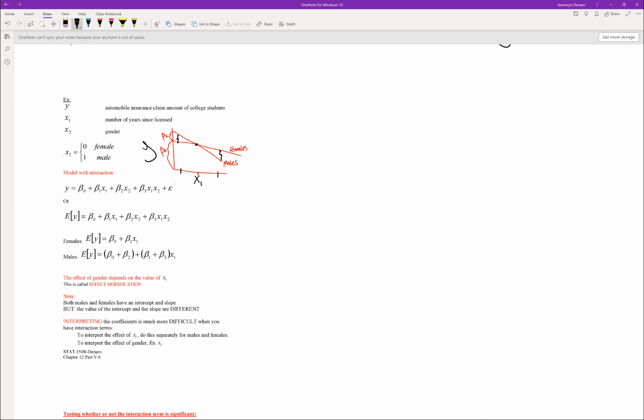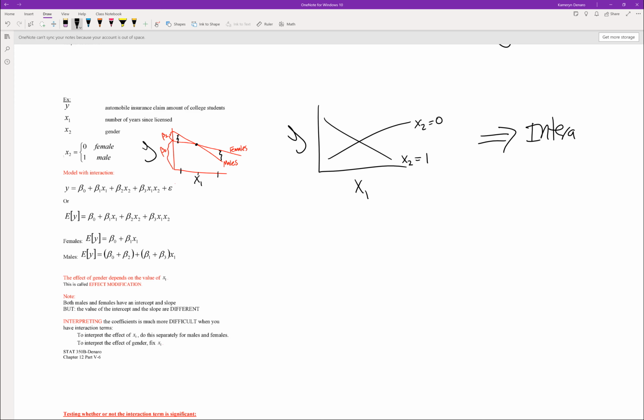So if you do a profile plot with X1 and Y, with one line for X2 equals 1 and the other for X2 equals 0, and these lines cross, this means that you should have an interaction term. That's how you're going to be able to tell.